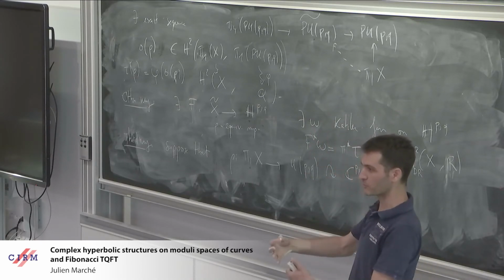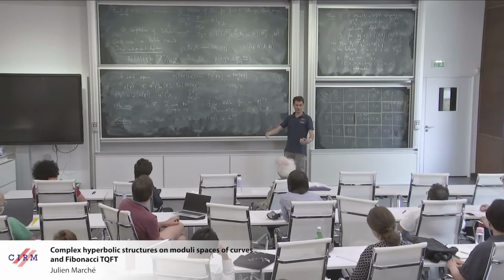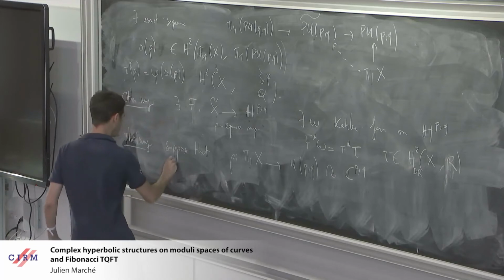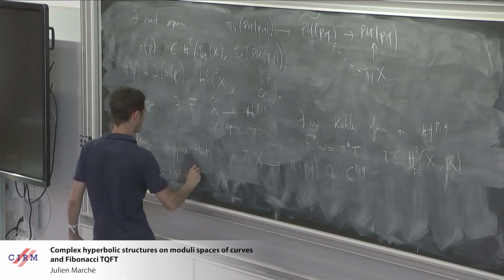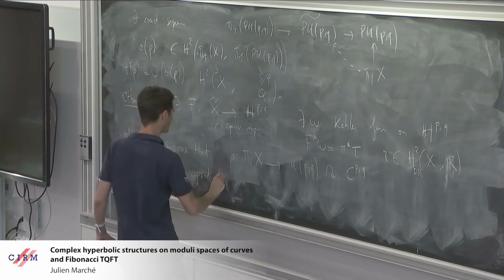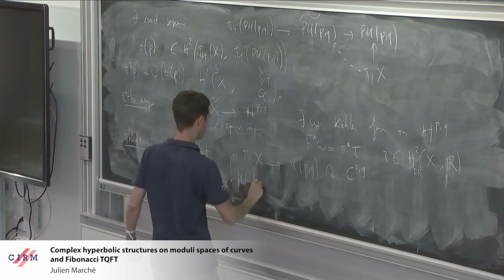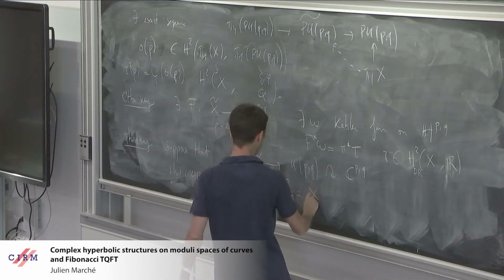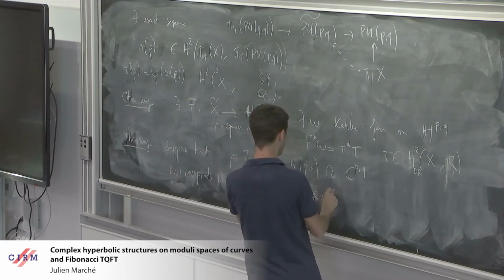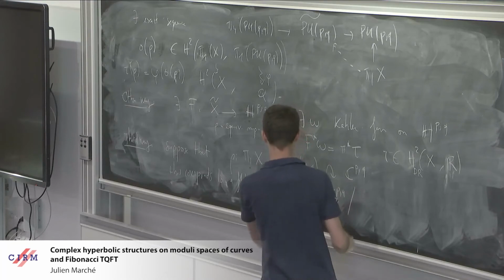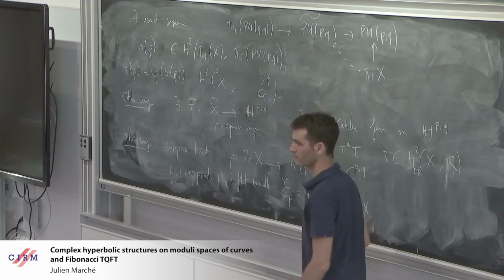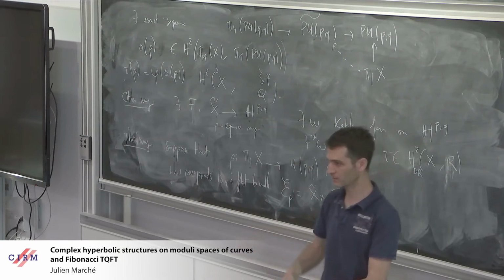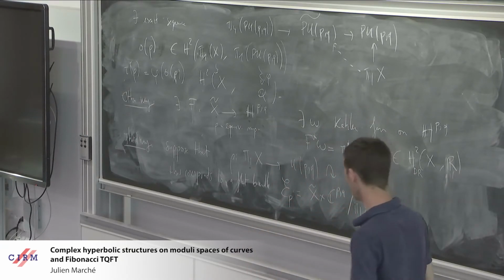So if you have a representation, you can form a flat bundle corresponding to this representation, E rho, which is just the universal cover of X multiplied by C^{P,Q} divided by pi1 of X. And the action is diagonal here. You act simultaneously on both factors. This gives you a flat bundle.